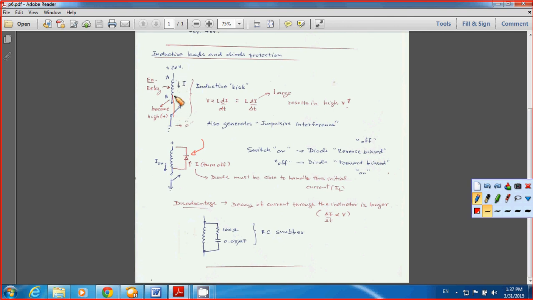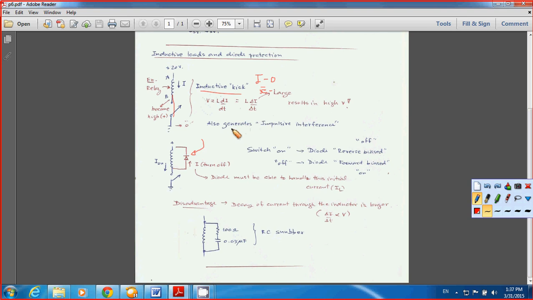But when you open the circuit here, you have no current flowing, so your delta I, which used to be I, ends up being 0 in a short period of time. This delta t is very small, a fraction of a second. So what happened? From the relation, V becomes a very large number, and you have a problem, and this is what we call inductive kick.